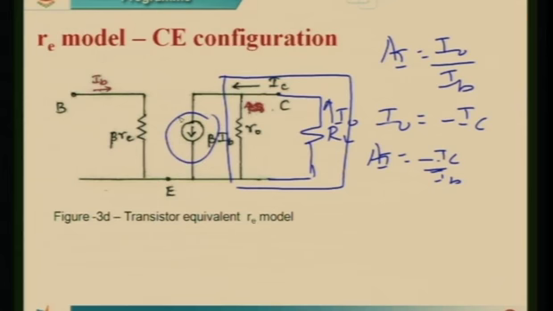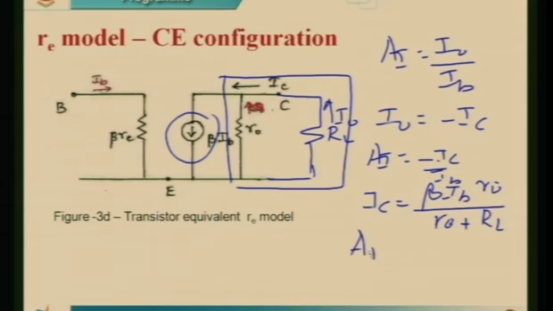In a parallel network, the current flowing through this branch IC is equal to the total current, beta times IB, times the opposite branch resistance R naught divided by the total resistance, R naught plus RL.